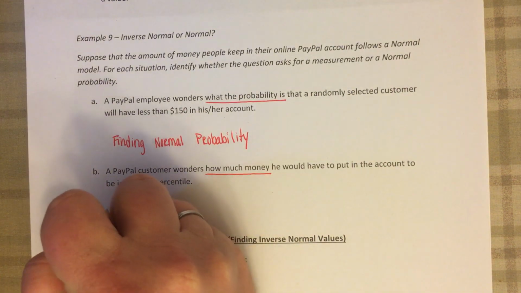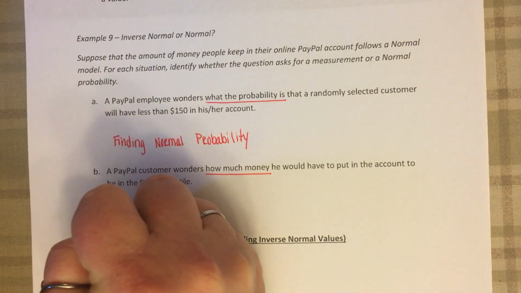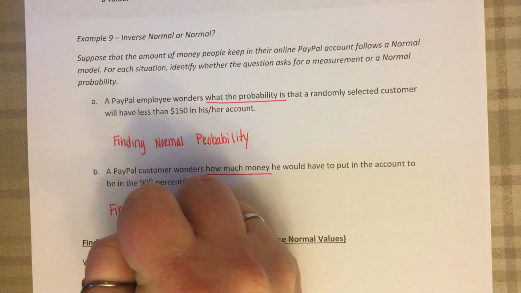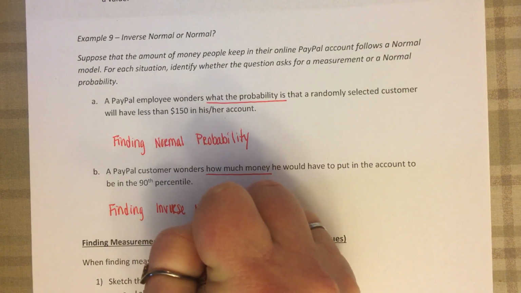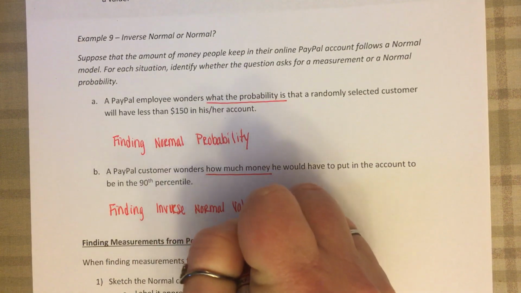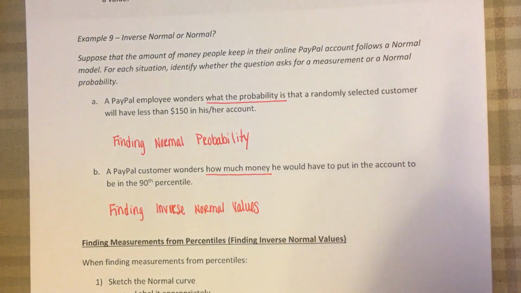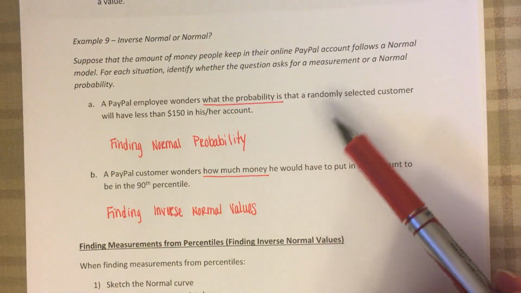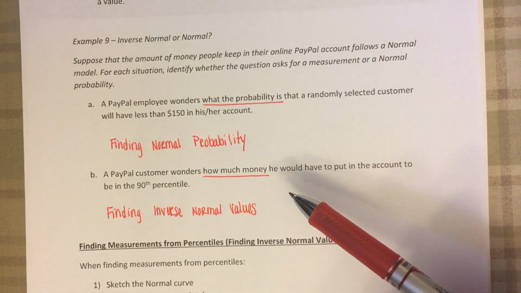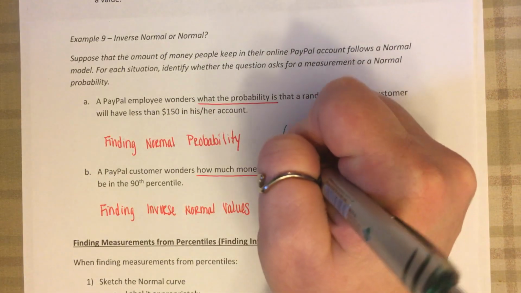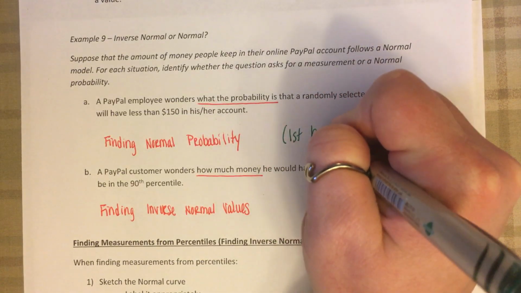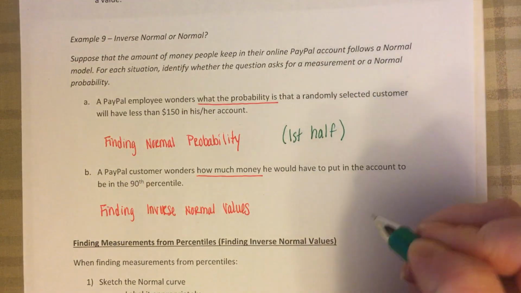So this would be a case where we are looking at finding inverse normal values. So the difference is, are we being asked to find a probability or are we being asked to find a value?